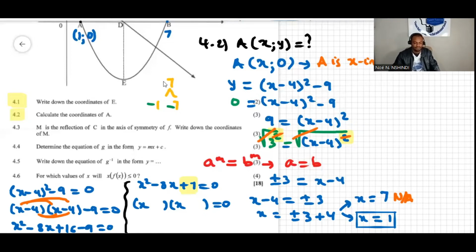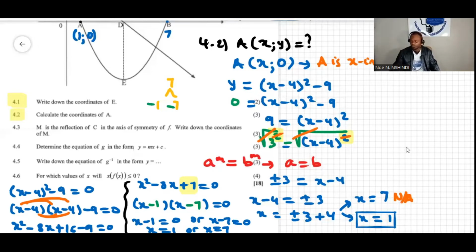So over here we have x minus 1 is 0, or x minus 7 is 0. This means x is 1 or x is 7. So this is another way of solving this in order to get the x-intercept.